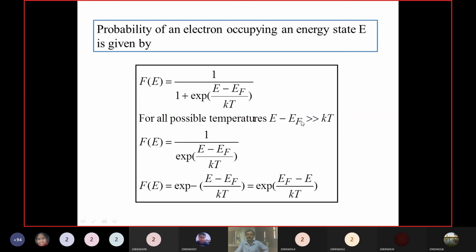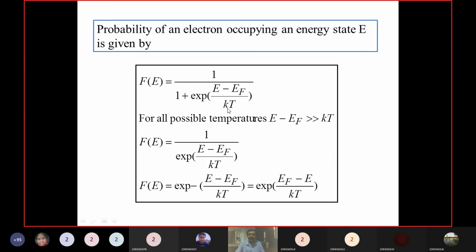In the case of pure semiconductors, if we take the conduction band, the E minus EF value is very much greater than the thermal energy.